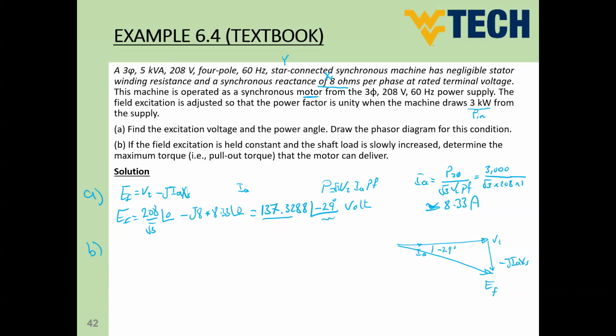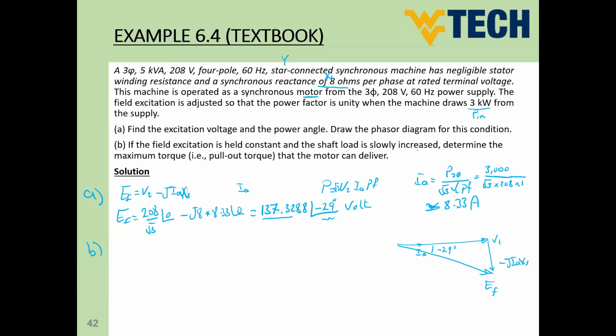Okay, so this is part B. If the field excitation is held constant. Excitation volt held constant means the amount of volt is going to be the same. And then he mentioned the shaft load is slowly increased. Shaft load means the power on the synchronous motor, the mechanical power.